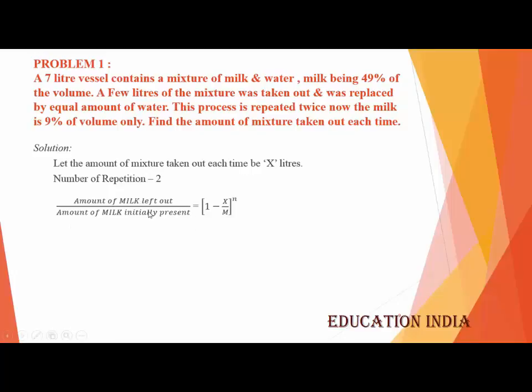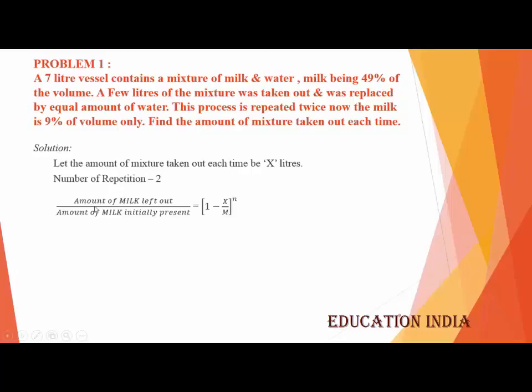You should note that in the previous theory we were replacing the mixture with the ingredient B, and in the formula we derived the amount of A left out. So with B being replaced, we got the equation for A. You can definitely get the equation for B also, but you should not confuse A and B. We are replacing the mixture with water, so in this equation we will have milk here.